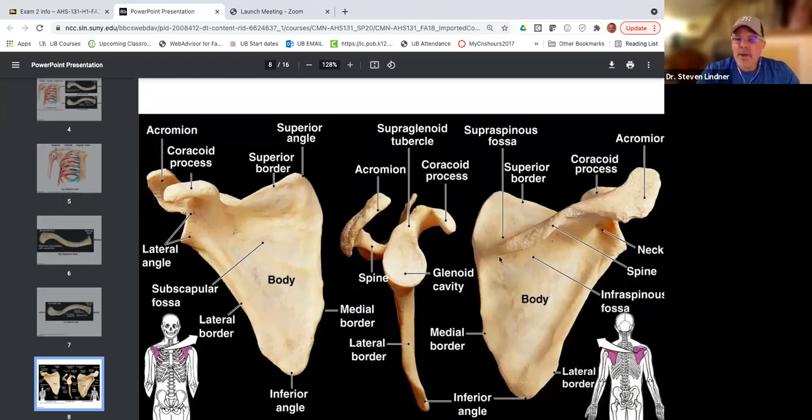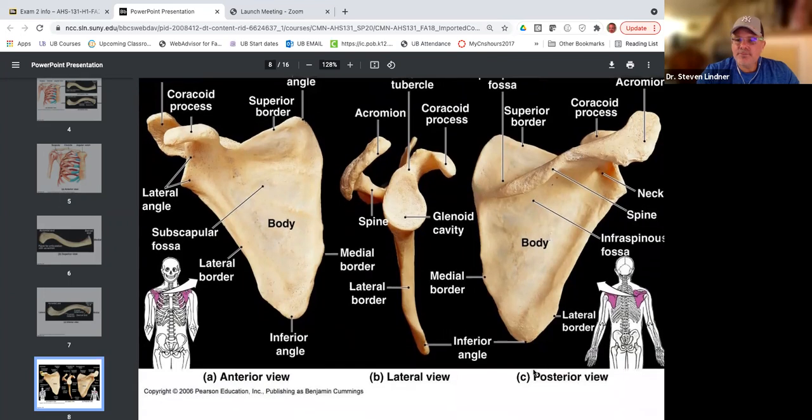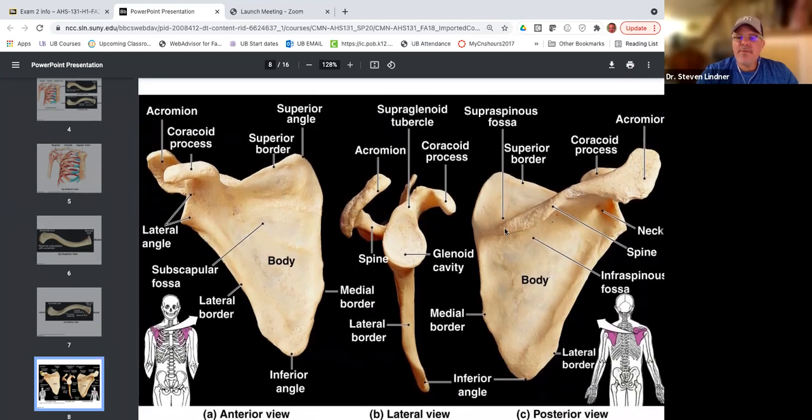When we go to the posterior view and find the spine of the scapula, there's a smooth depression above it and a smooth depression below it. The depression above it is called the supraspinous fossa, and the fossa below it is the infraspinous fossa.